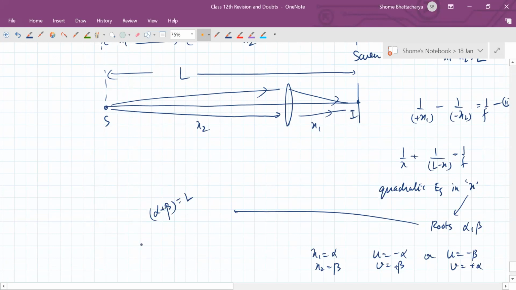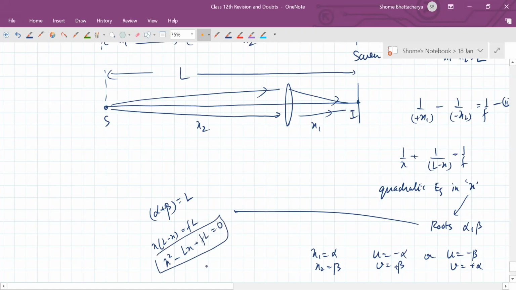So when we write this quadratic equation, we have x into L minus x is equal to FL, right? So x square minus Lx plus FL is equal to 0.